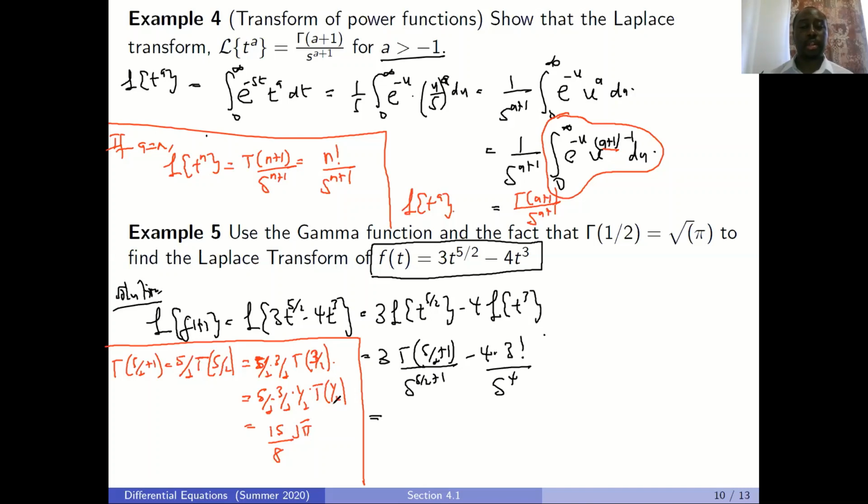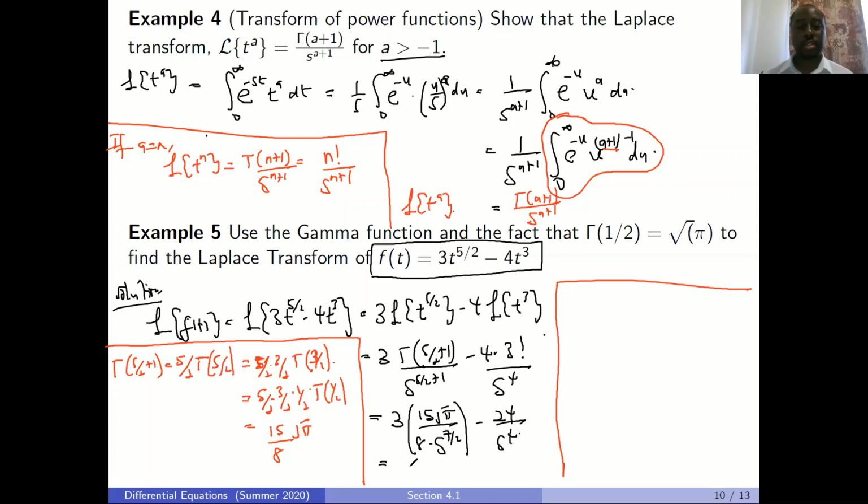Okay. And then by a similar way, we can now say that this is 3 times 15 square root of pi divided by 8 times s to the 7 halves, minus 4 times 3 factorial, which is 6, so this is 24 over s to the 4th power.